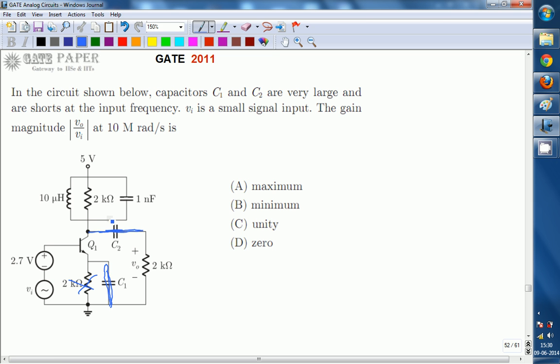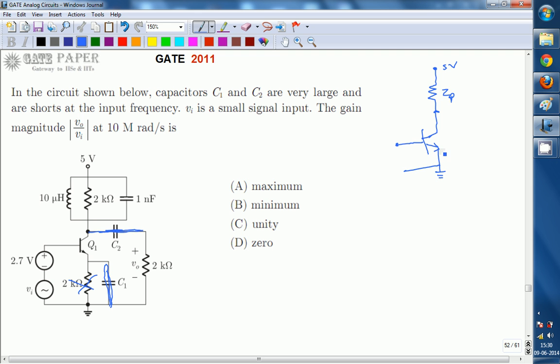Now if we draw an equivalent circuit, we can draw it like this. This is the 5 volt battery. From that there is an impedance; let us assume ZP is the impedance from the collector to 5 volts, and afterwards there is the transistor circuit connected to ground, with the input signal.